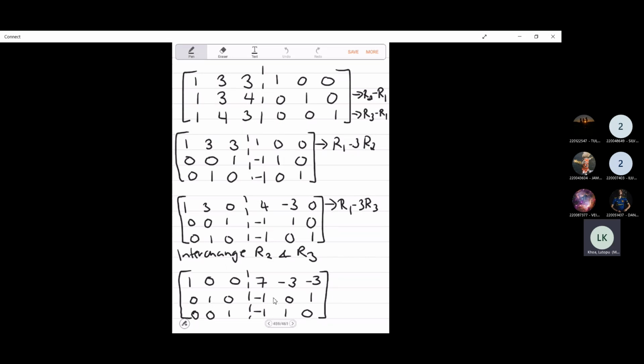Just go ahead and do the Gauss elimination, and as long as you have the identity matrix here, what you have there is the inverse of the matrix that you started with. Okay. So I think we can very quickly look at one question from our exercise.